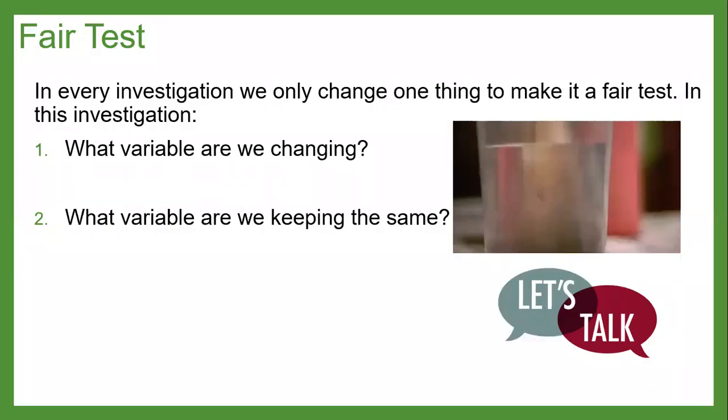So our test needs to be a fair test. In every investigation, we only change one thing to make it a fair test. In this investigation, what variable are we changing? What variable are we keeping the same?